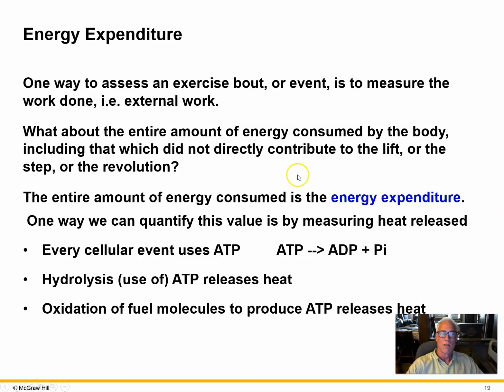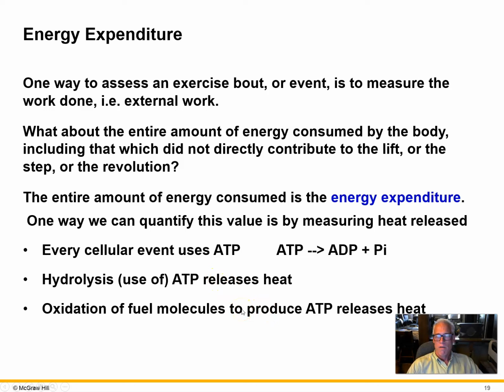So how are we going to figure that out? We have to have a way to figure out energy expenditure, as ATPs, those are those chemical energies stored in the cell, is converted to ADP plus inorganic phosphate during the process of muscle contraction and all the other processes in the body. Every time an ATP is used, 2/3 of the energy is released as heat.